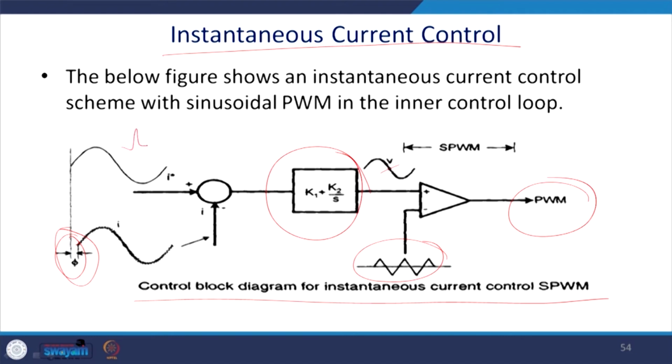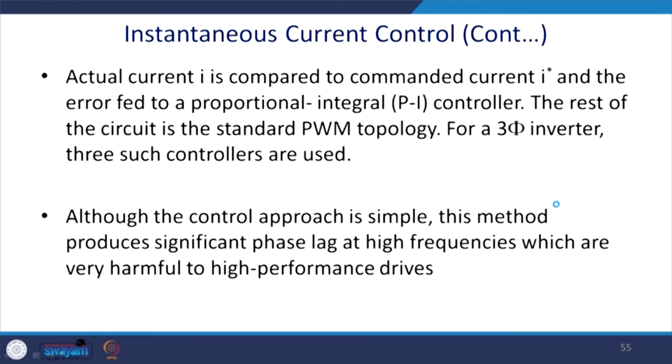You know that shunt active power filter reference is something like this. This is the harmonic part of it and we require to track it, and this is the way it can generate pulses for the shunt active power filter.